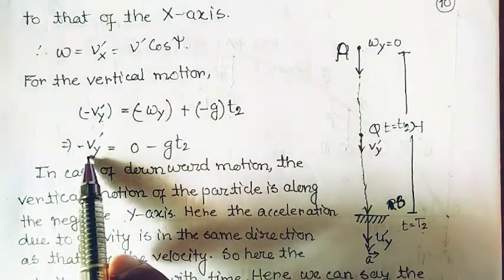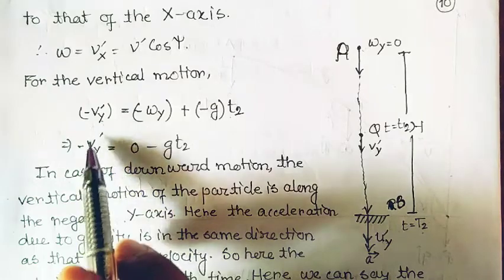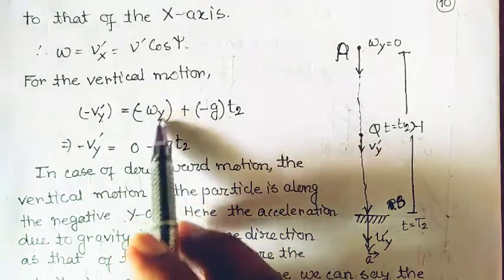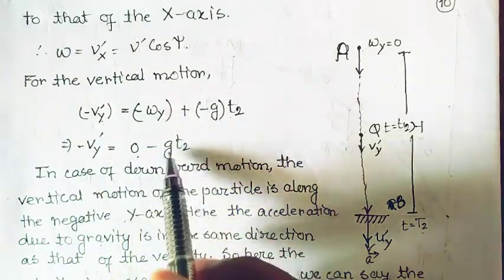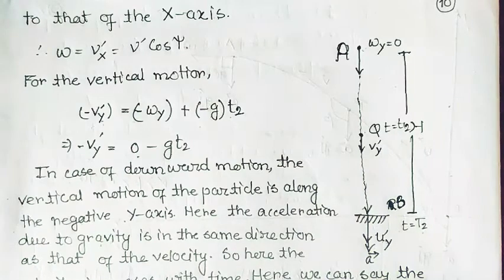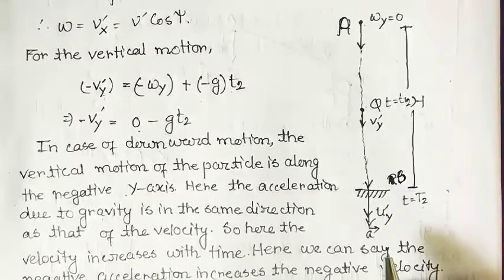So if I put the values, v prime y is minus v prime y, Wy is 0, so it becomes 0, minus of gt2.